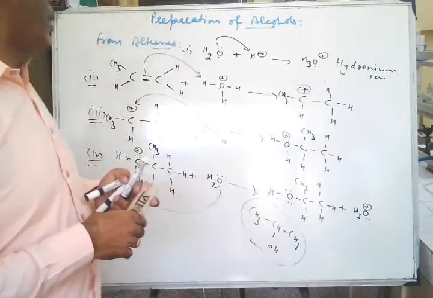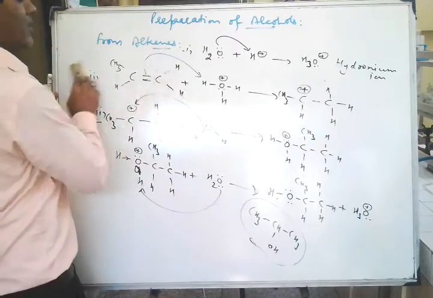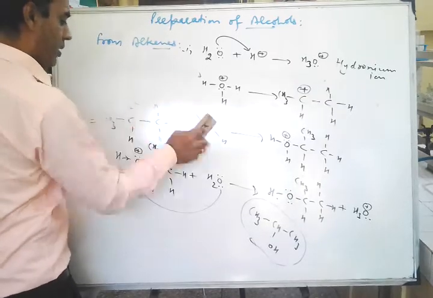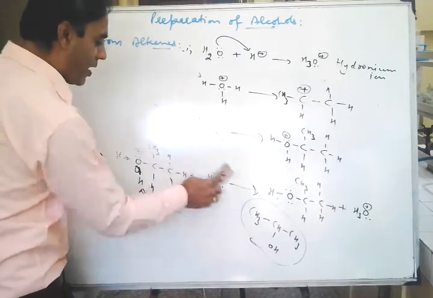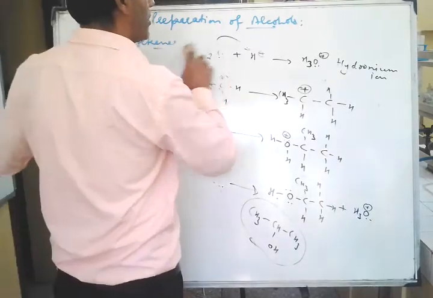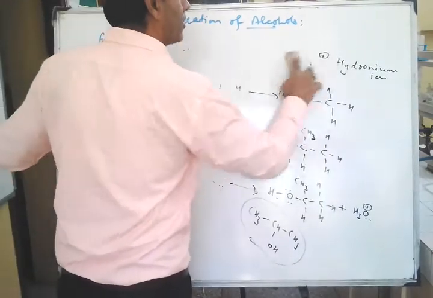Now we will discuss another preparation from alkenes, and the name of that preparation is hydroboration oxidation of alkenes, right?